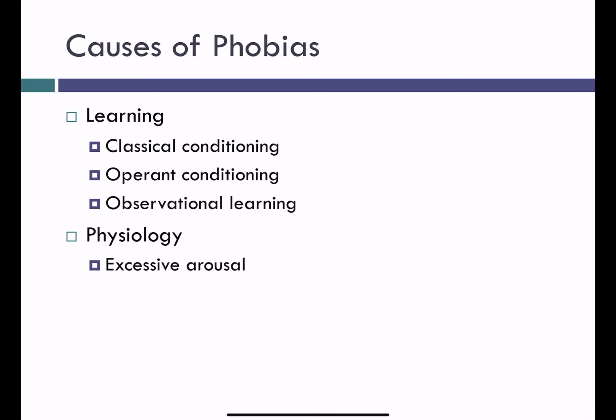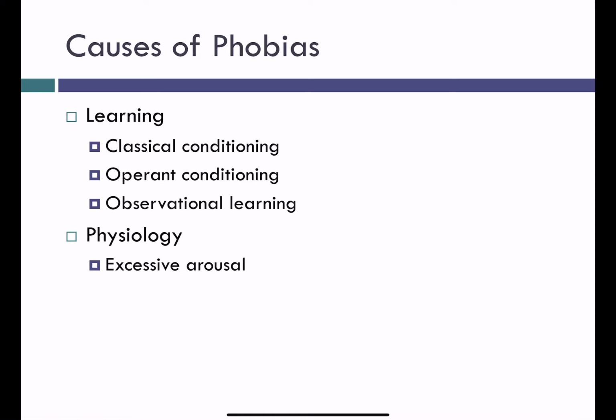So in terms of how phobias develop, there's a lot of evidence that phobias can develop from learning. So if we go back to our learning chapter, we think about classical conditioning. If you remember the Little Albert experiment, Watson was all about creating fear by pairing an unconditioned stimulus with a conditioned stimulus. So if you have a bad experience with something, you may develop a phobia of that thing. Operant conditioning is about being punished or rewarded for something.